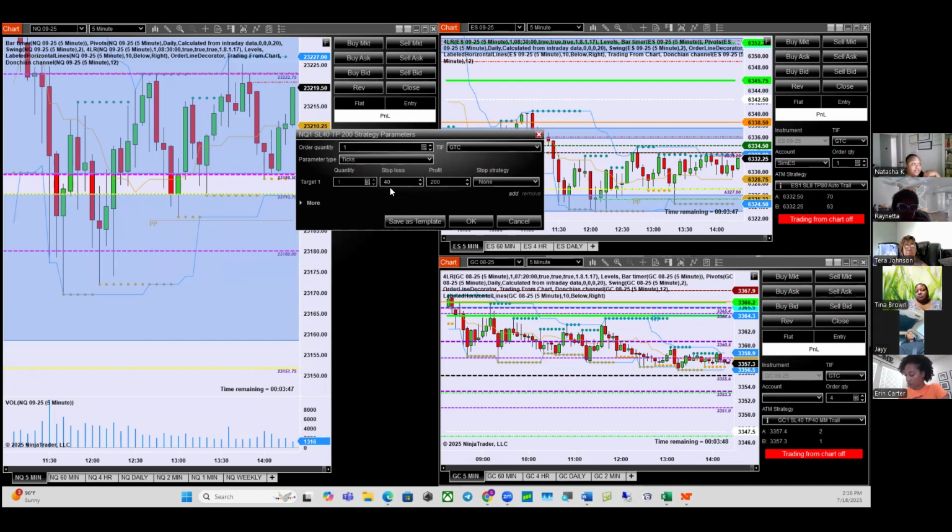If it's 2 contracts, that's double. It's still 40 ticks as this is per one contract, but it would be a value of $400. That's where you do the order quantity, that's how many contracts you want to trade. Okay, I see.